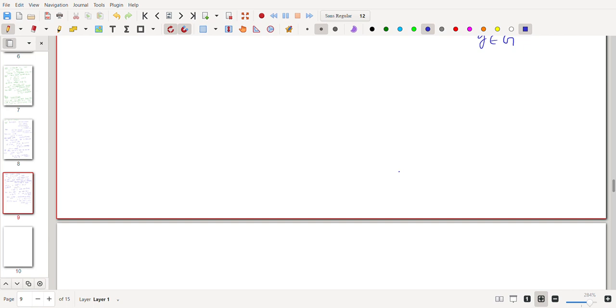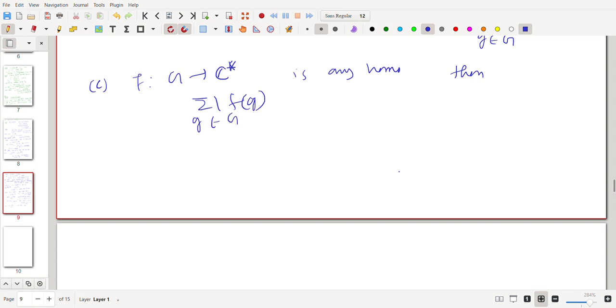That was one nice question. And there is also something for the C part. C part is also obvious. I'm not going to tell, it is just the same argument. Take any homomorphism, you can just try from that, easy. Then the summation of mod f(g), g belonging to G, is n.